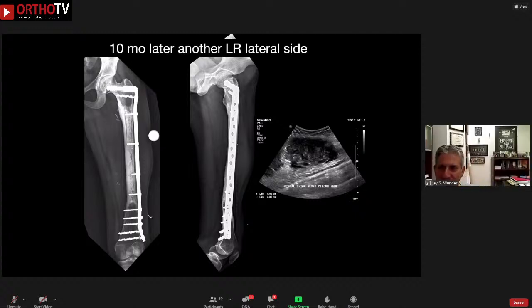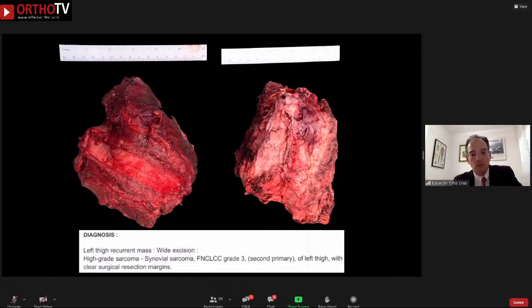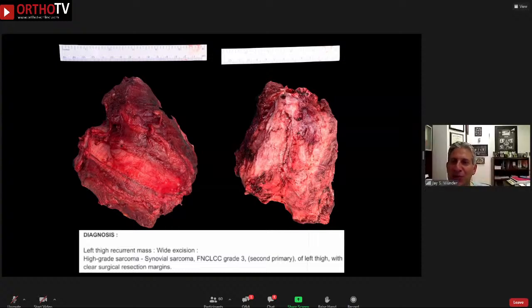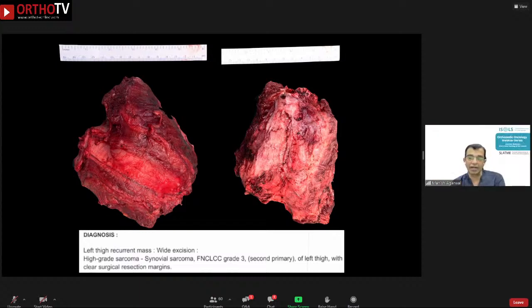Did you biopsy that, Manish? Yes, we did a biopsy, but on the biopsy they just said it's a high-grade sarcoma. They said that we can't say it's an osteosarcoma, so we went ahead and removed it. Okay. And was that molecularly confirmed as synovial sarcoma with the translocation? No, it wasn't. It came negative for the translocation.